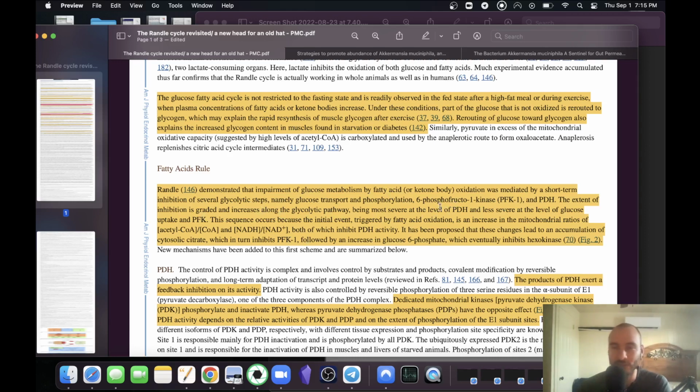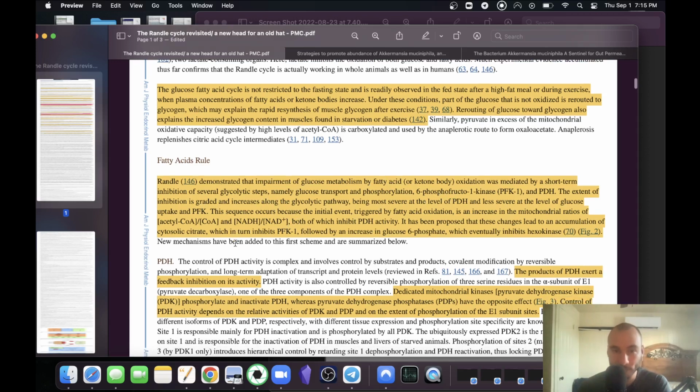So this is exactly what I'm saying. Pyruvate dehydrogenase is the main enzyme that gets blocked. This sequence occurs because the initial event triggered by fatty acid oxidation is an increase in the mitochondrial ratios of acetyl-CoA to CoA and NADH to NAD+. So you get a buildup of these reduced carriers. This is what Dr. Pete is talking about when he talks about reductive stress.